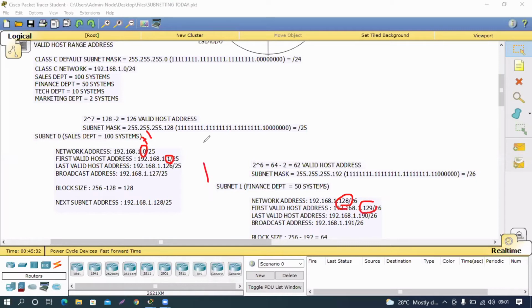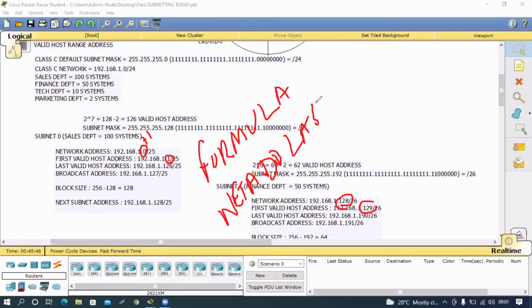It is a formula: on the network address, add 1 to the last octet, and you will get the first host address.